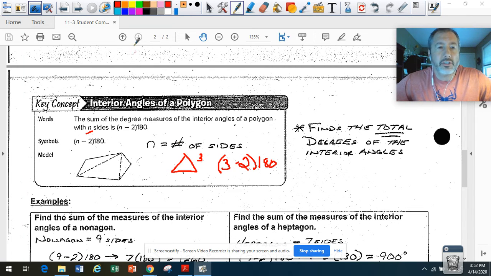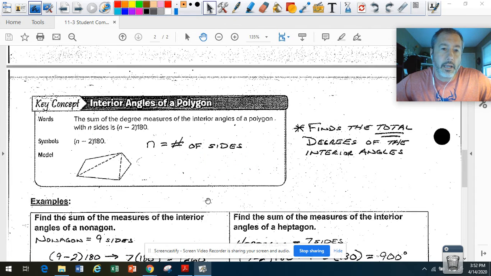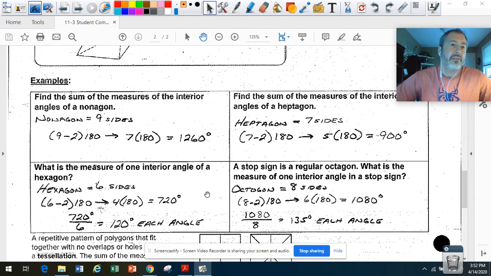Let's look at some of these examples down here. It says, find the sum of the measures of the interior angles of a nonagon. We know that a nonagon contains 9 sides. Since it contains 9 sides, we do our formula n minus 2 times 180.